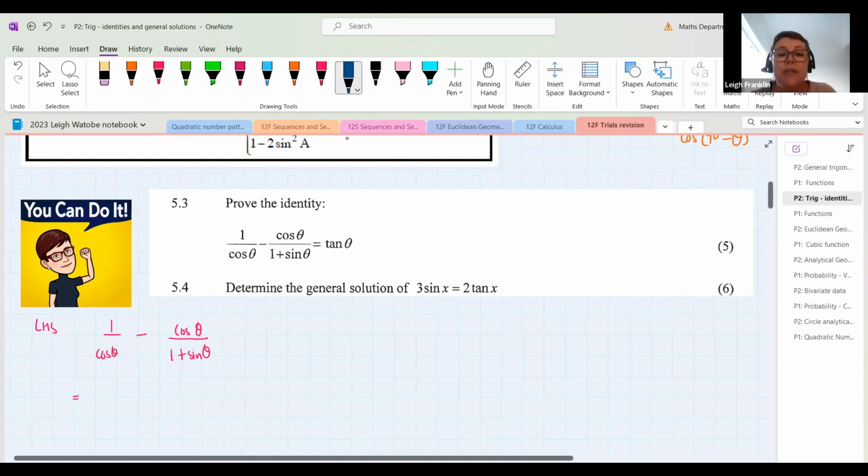So let's pretend I had a fraction like 4 over 5, and I needed to subtract 1 over 3. What would I do to my 5 and my 3? What would I do, matrics? What do I need if I want to subtract fractions from one another?